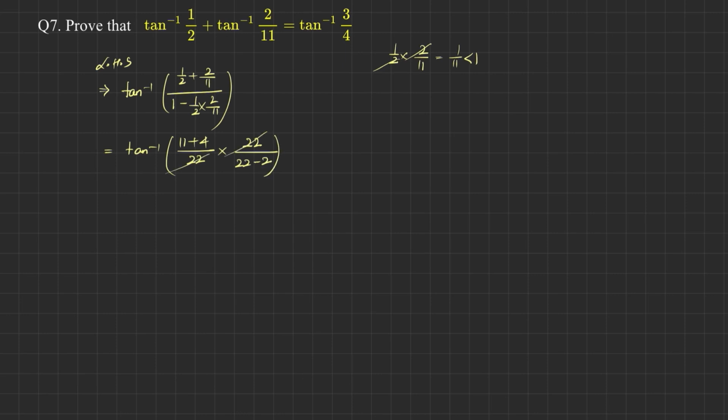So 22 gets cancelled, and it will be tan inverse of 15 over 20. So this equals tan inverse of 3 by 4, which is the same as the right hand side, hence proved.